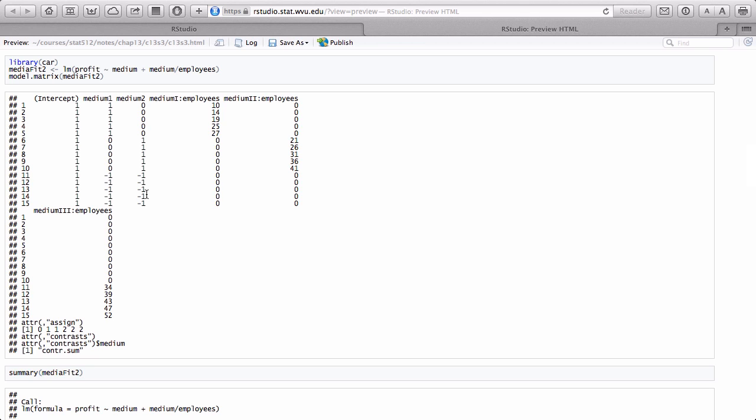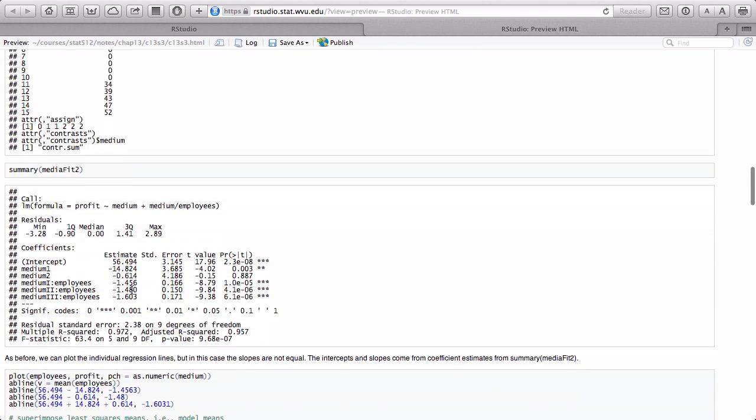And notice that, again, I'm nesting, so I have the employee information for the first group just in those top 5 observations. For the next group, it's the next 5, and for the third group. So I have three of those variables that I'm going to be fitting. That corresponds to the 3 degrees of freedom for fitting different slopes.